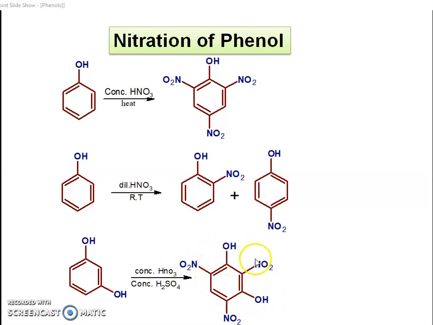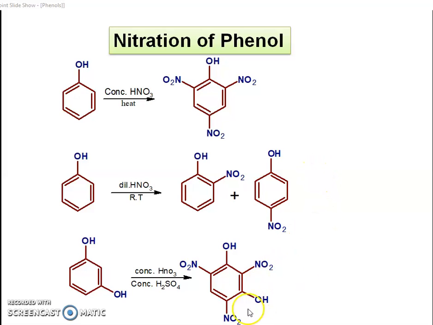Why are these products observed? Because the OH group acts as an electron donating group here. But you know that, according to the electron donating resonance effect, we should consider which products are the major products.